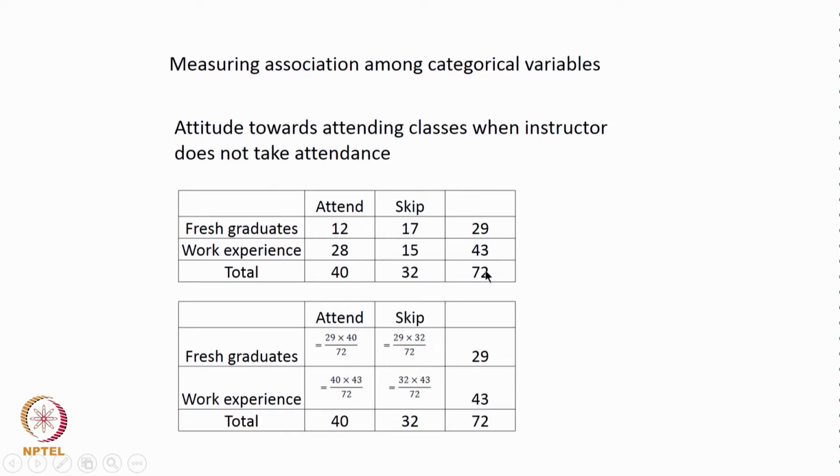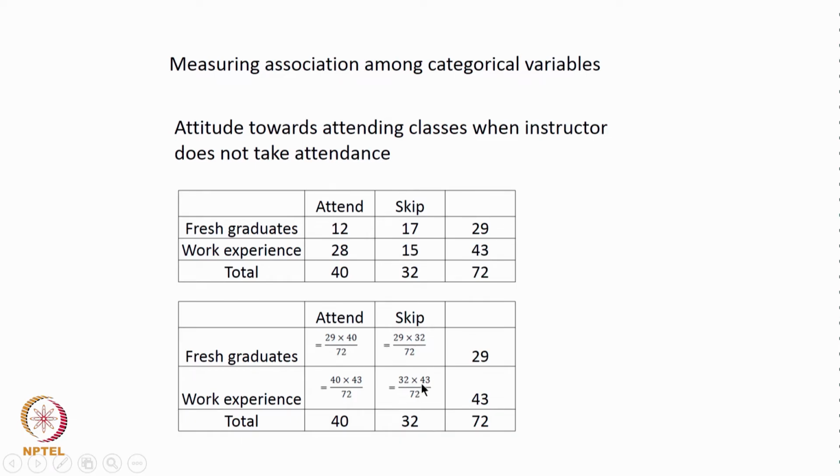If 32 out of 72 do not attend the class or skip the class, then how much out of these 29 skip the class, and that is given by 29 into 32 by 72. If 32 out of 72 skip the class, how much out of 43 skip the class, which is given by 32 by 72 into 43.